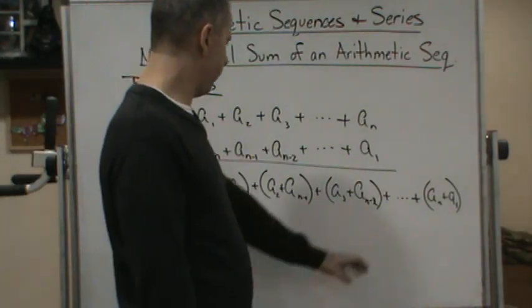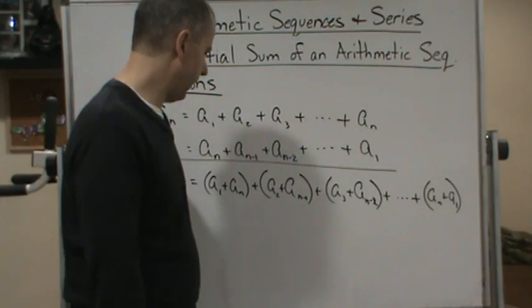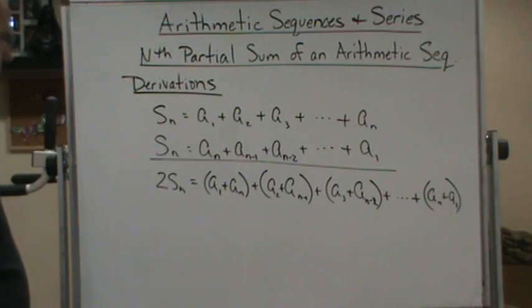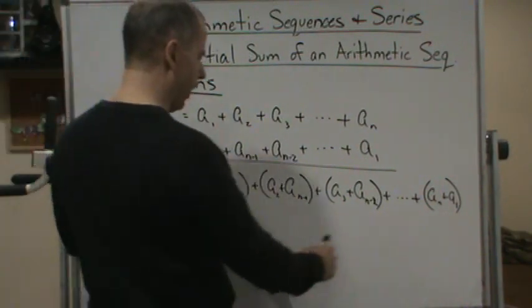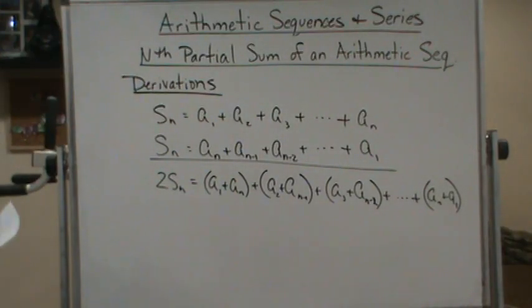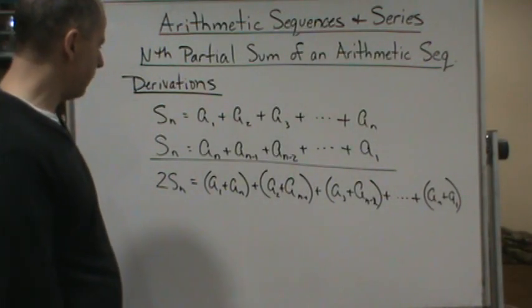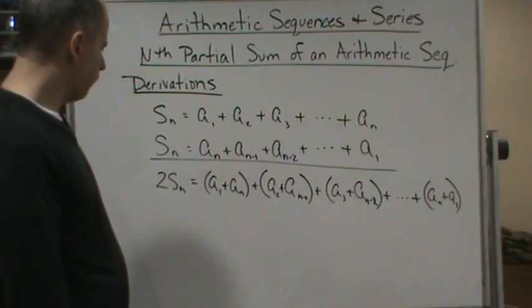And then if we work in, we're going to have another a sub 2 plus a sub n minus 1. Right? So these are going to pair up from the inside out, and these are going to add up to the same value.